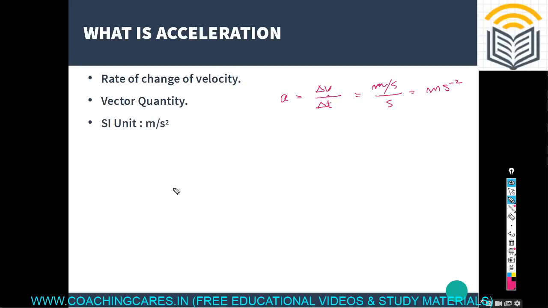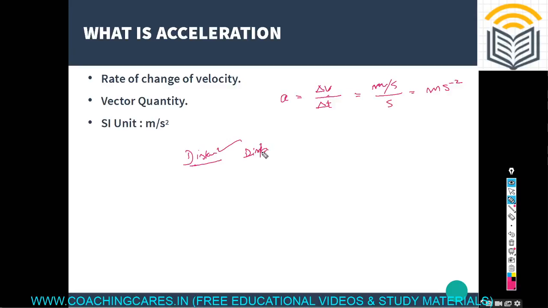So this is all about acceleration. It is a very important term. Change in position is called distance, or displacement. While we talk about motion, these terms come into the picture. Change of position with respect to time, it can be distance or displacement.